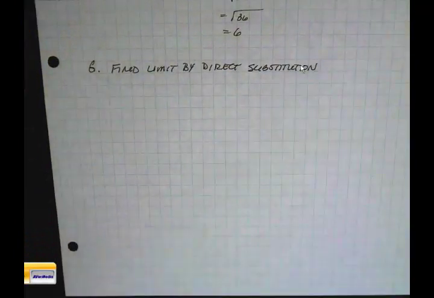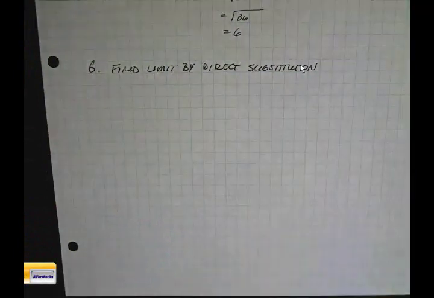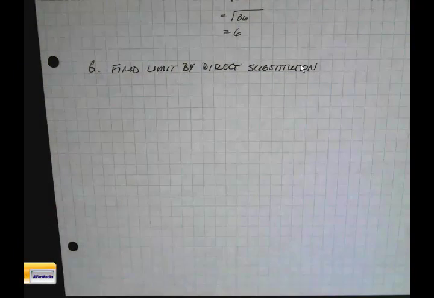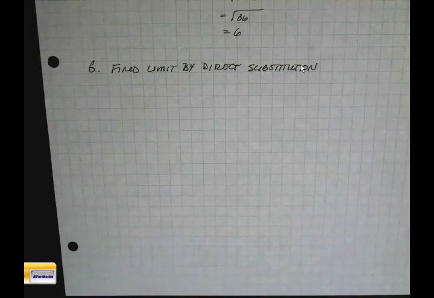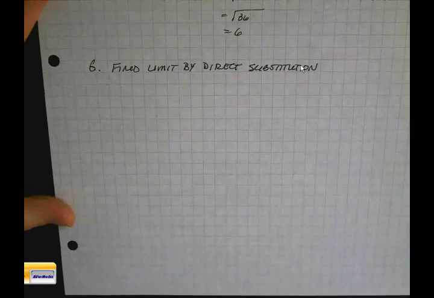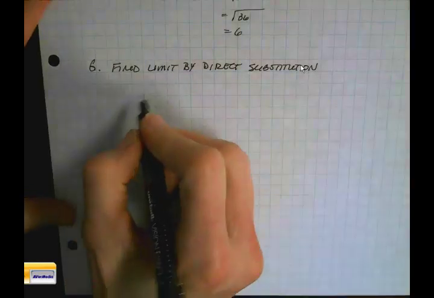If you have a function that has no problems, it has no vertical asymptotes, it has no limit on its domain, it has no breaks, no jumps, it has no issues, it's just a nice pretty curve, then you're never going to have a problem with the limit. It's just that vertical value. So if you have a pretty curve, you just use direct substitution.